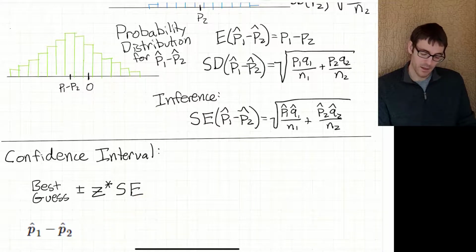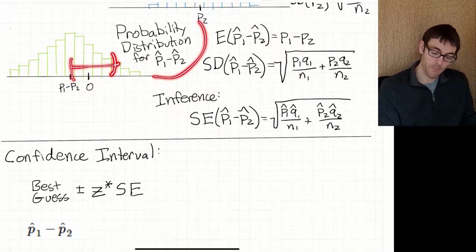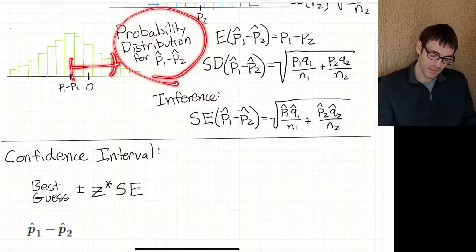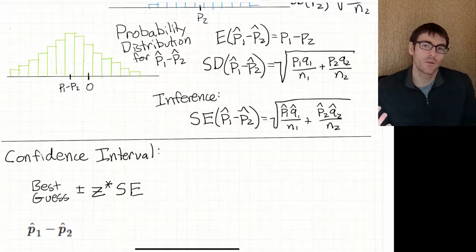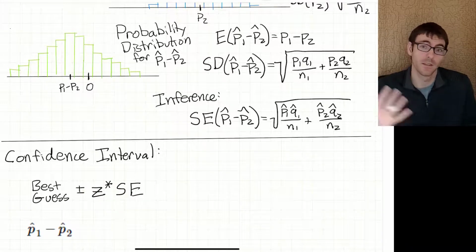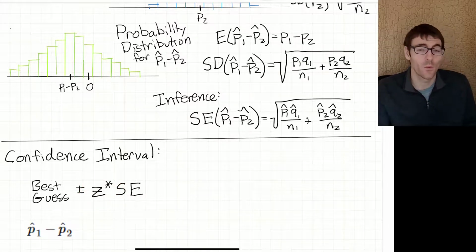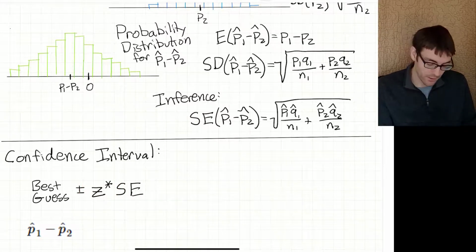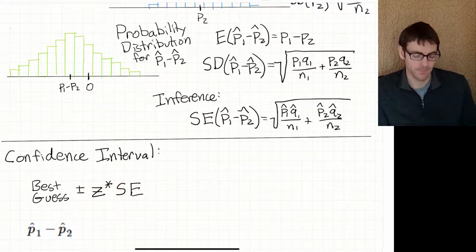It's going to be the standard error, so the standard deviation for the probability distribution, times some number of standard deviations, which is dependent on what our confidence level is. This stuff hasn't changed from before. For example, if we want a 95% confidence interval, we need to use 1.96 for z-star.